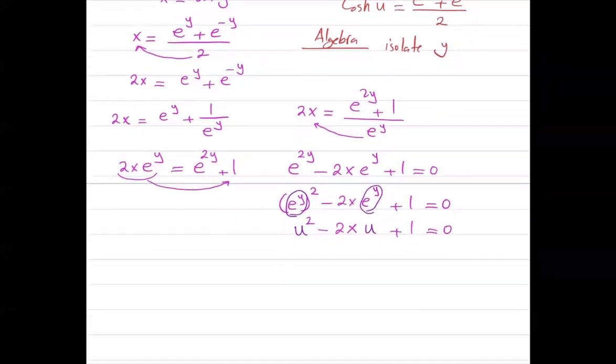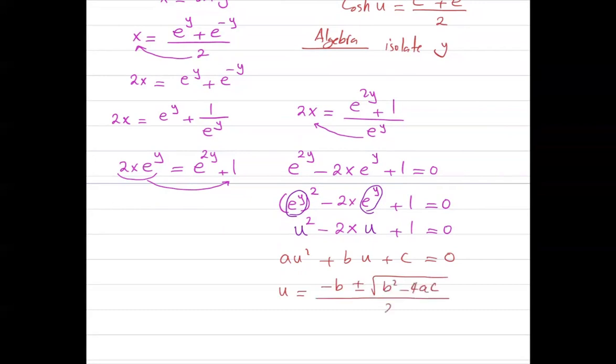So my u can be written as, if I have a u squared, let me write the formula down before I jump into next step. If I have au squared plus bu plus c equal to 0, quadratic formula tells me that u is equal to negative b plus minus square root of b squared minus 4ac divided by 2a.